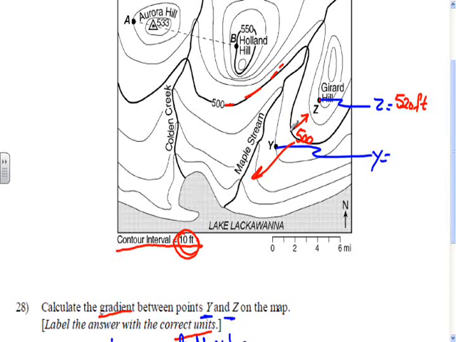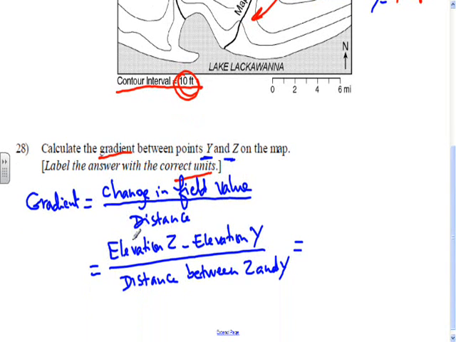Now if this is up, this should be down. So we have 500 minus 10. Again, remember, we're going by 10. So the elevation of Y should be 490 feet. Once you find the elevation of Z and elevation of Y, you plot them in this equation.